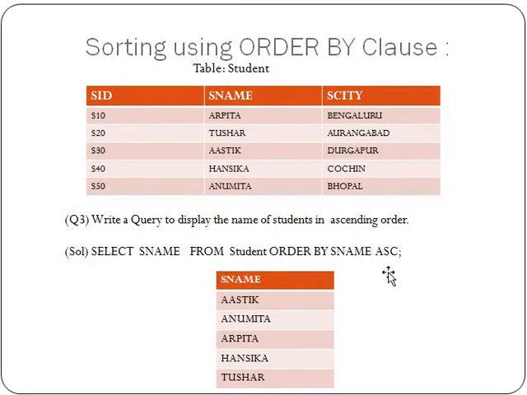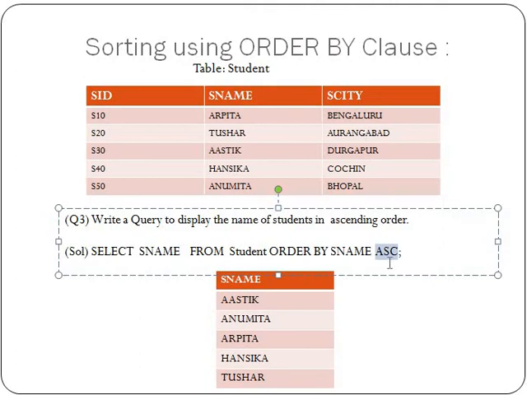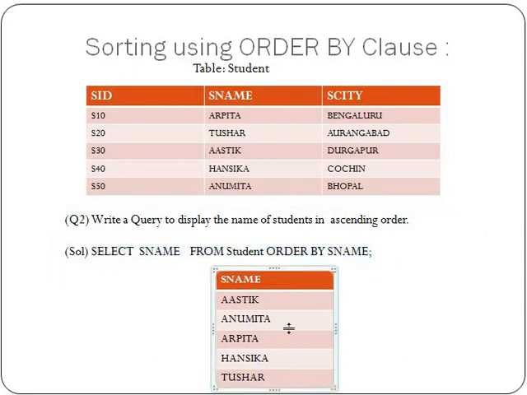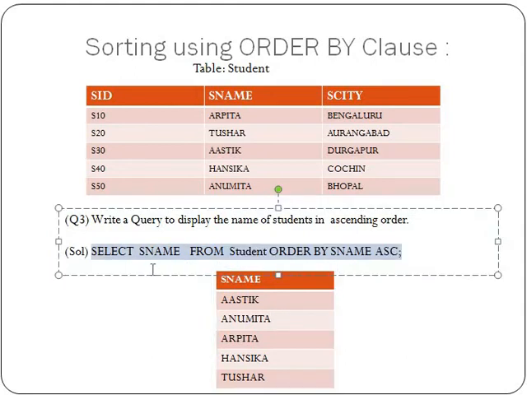But if you want to put it, you can do so by keeping it at the end like this. So if you look at this query, this is exactly the same as this one, excluding the keyword ASC.